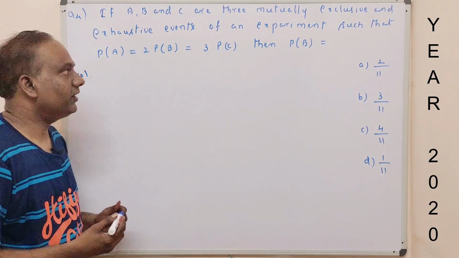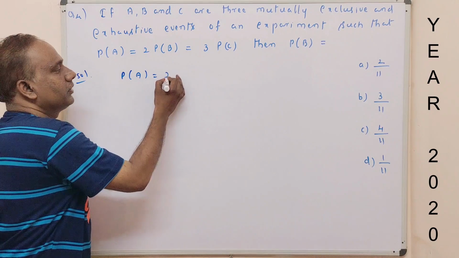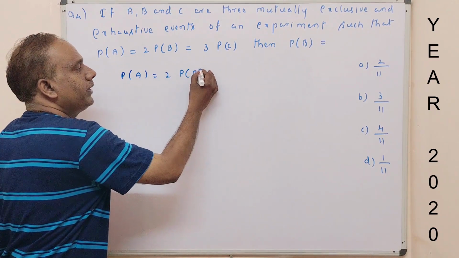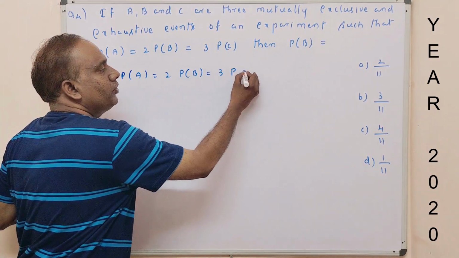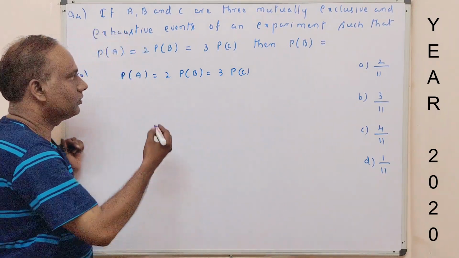That means the probability of A union B union C is actually 1. Now here they given P of A is equal to 2 into P of B is equal to 3 into P of C. So we need actual P of B value.